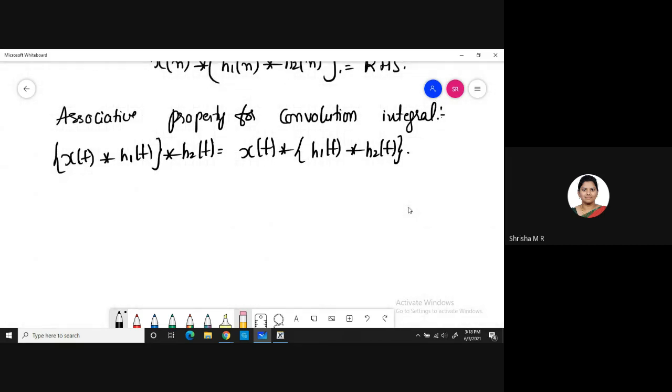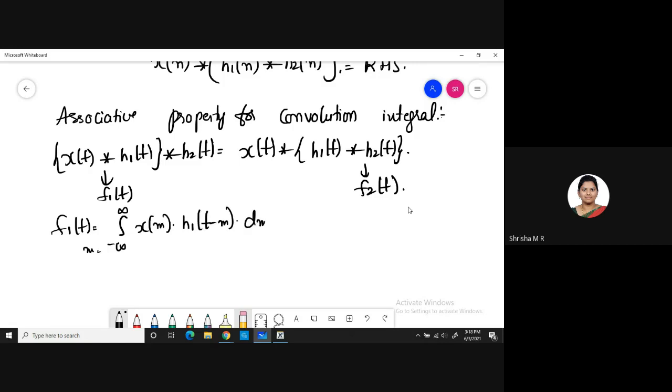So now we'll try to prove this. This x of t convolved with h1 of t, I'll write it as f1 of t, and this I'll write as f2 of t. So f1 of t is equal to the integral, I'll take some variable m, m is equal to minus infinity to infinity, x of m into h1 of t minus m into dm.